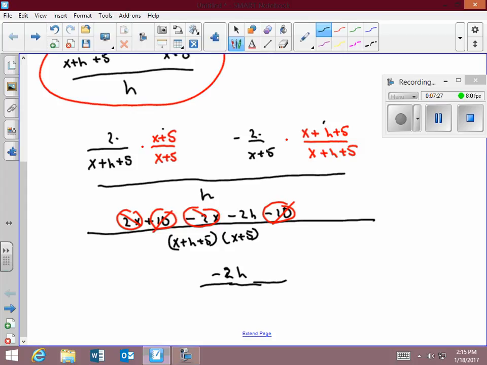Now, the way we got to do that denominator, I'm going to distribute this across this one. So I'm going to go x plus h plus 5 times x plus h plus 5 times the 5.